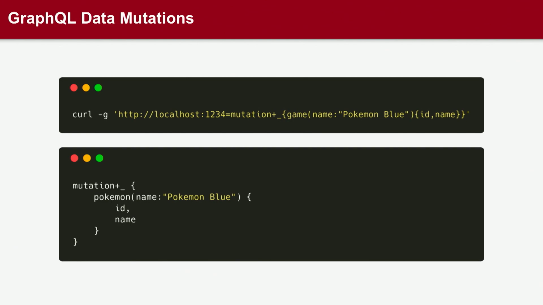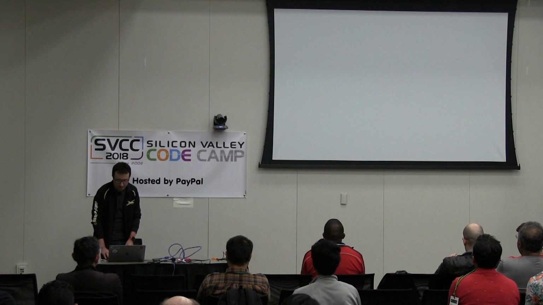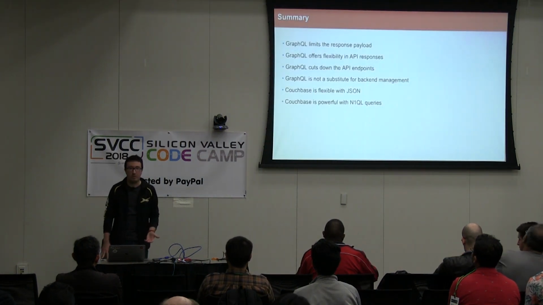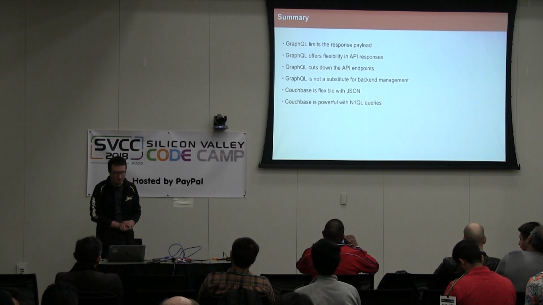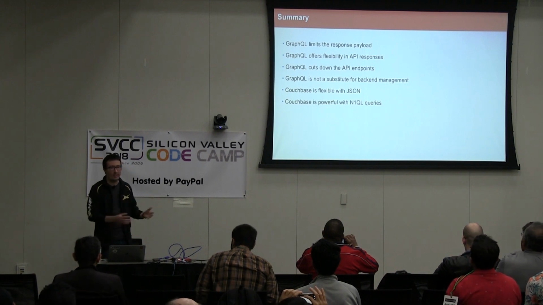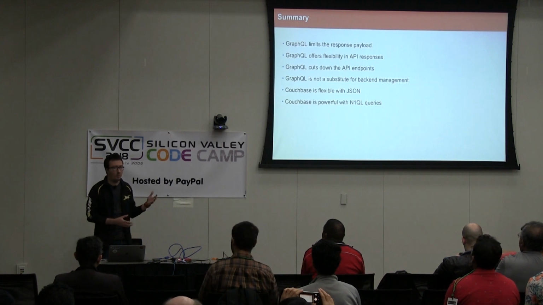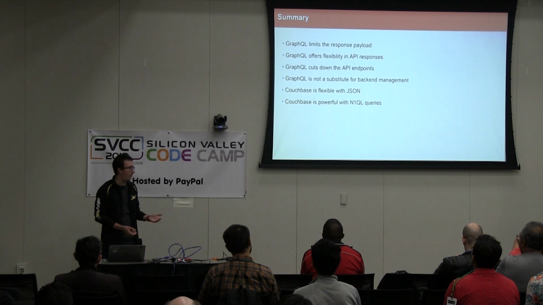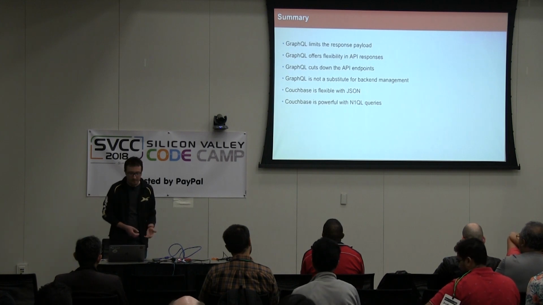Now, I did want to open it up for closing thoughts here, so I do have a summary here. So for one, GraphQL does limit the response payload. So again, as you saw, you could write these queries. They could be lengthy, they could be short. You define exactly what you want because it is a query language. You have your flexibility of your requests.